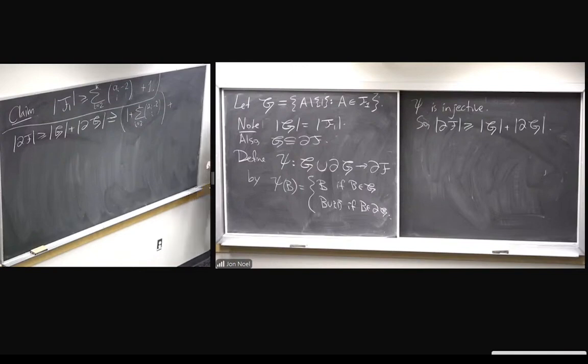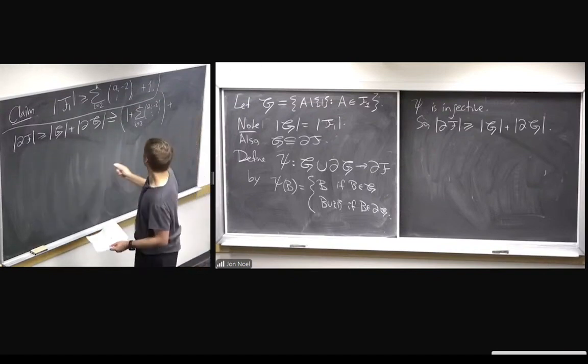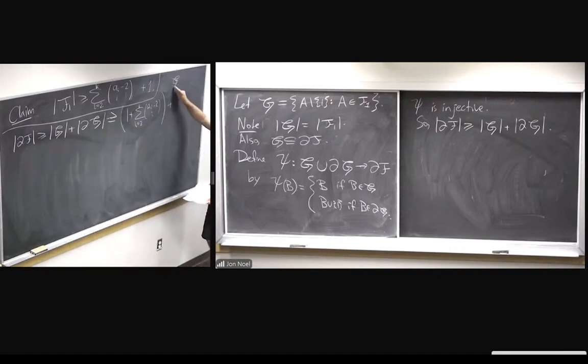And actually by induction, we can bound the shadow of G. Recall that G is a subset of naturals choose k minus 1. We got it from taking things in half and deleting one from them.